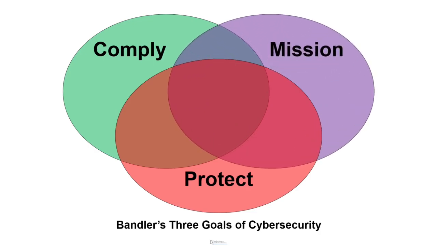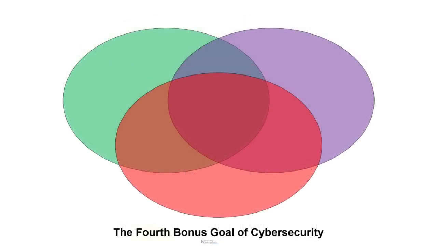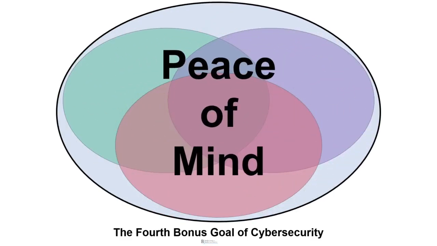And also to fulfill your mission, to achieve your business objectives, you need to do this because it helps you use your information systems effectively. When you achieve those 3 goals, you get a 4th bonus goal of cybersecurity, and that is peace of mind. You don't have this nagging worry that you've been procrastinating something. You have peace of mind because you know you've taken some steps forward.